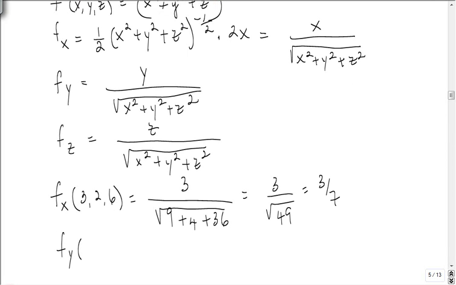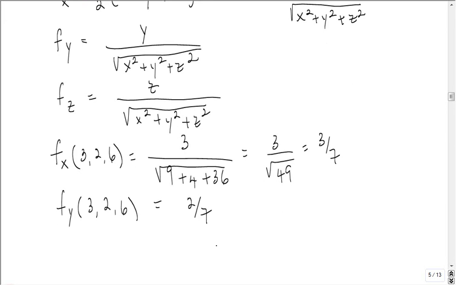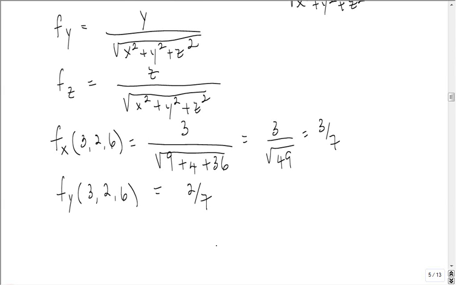Partial with respect to y at (3, 2, 6) is y over that, so that's 2/7. Partial with respect to z at (3, 2, 6) is 6/7.